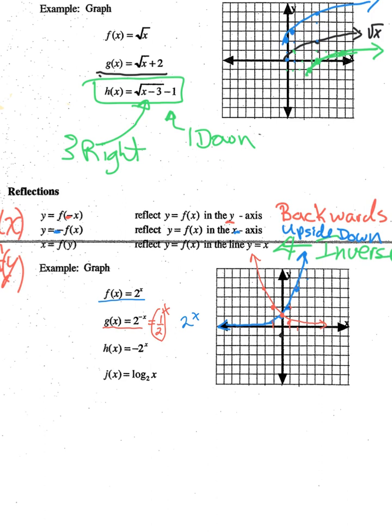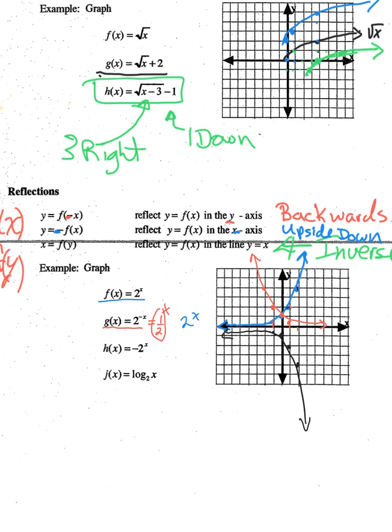This point x is 1, y is 2 becomes x is 1, y is negative 2. And similarly, the 4 will become a negative 4. The 1/2, a negative 1/2. And I think you can see what happens here. We've reflected it upside down across the x-axis because we changed the sign on the y.